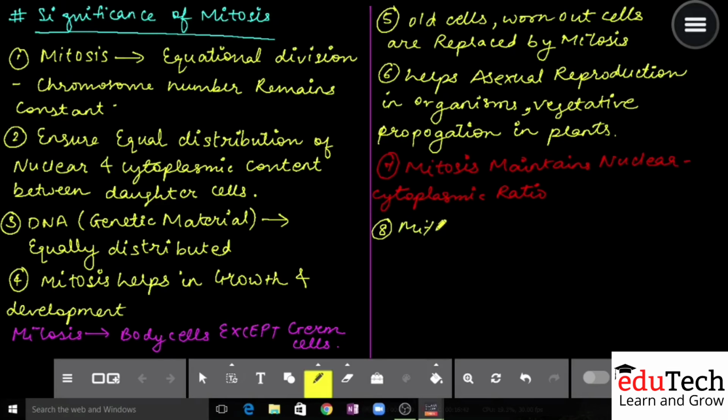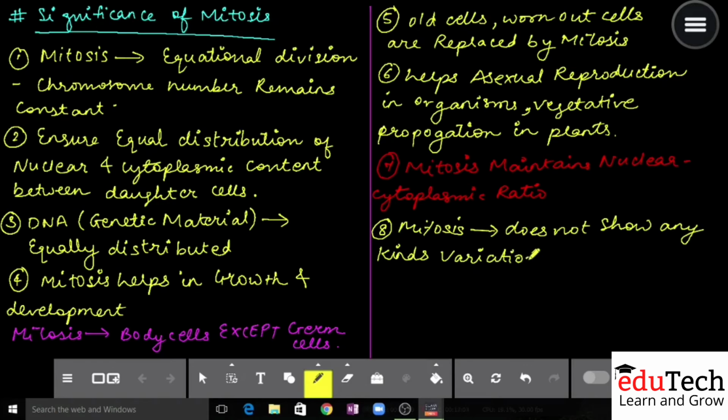Now, one thing to note: mitosis does not show any variation. We have already understood why. Variation is not seen at all. Why? Because the chromosome number is the same, no incoming and no outgoing of chromosomes, the number remains the same throughout the generation.